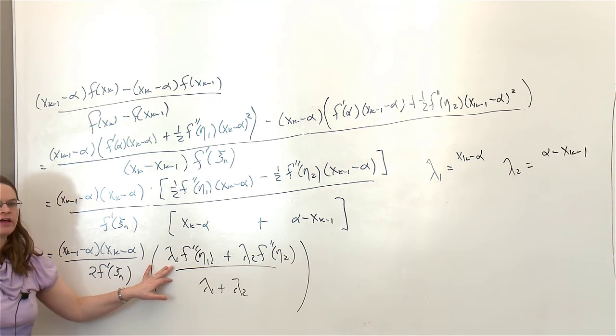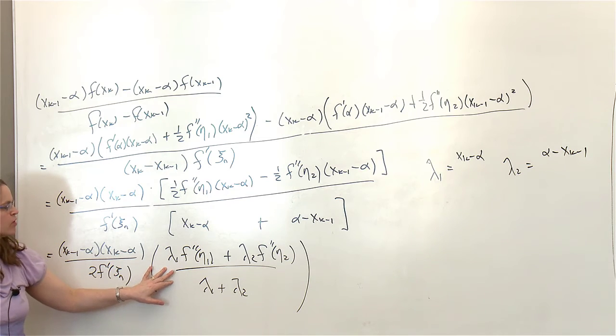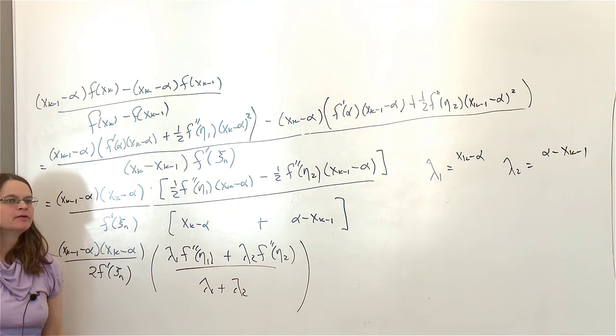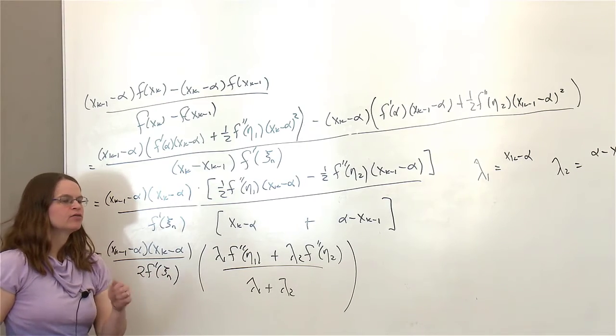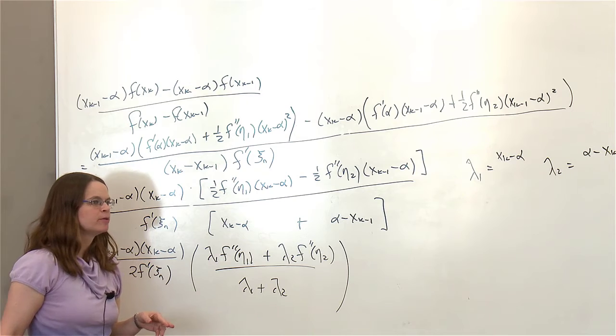Okay, what does this look like? Do you recognize this? So what if I happened to know that lambda 1 was equal to a half? What would it look like? Error. So you think error. Let's go think back to simpler mathematics.